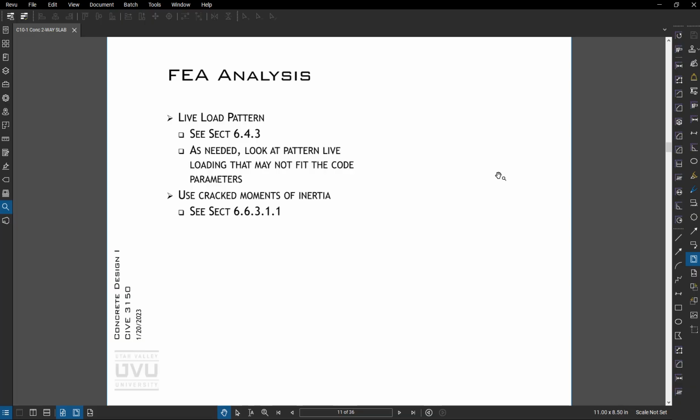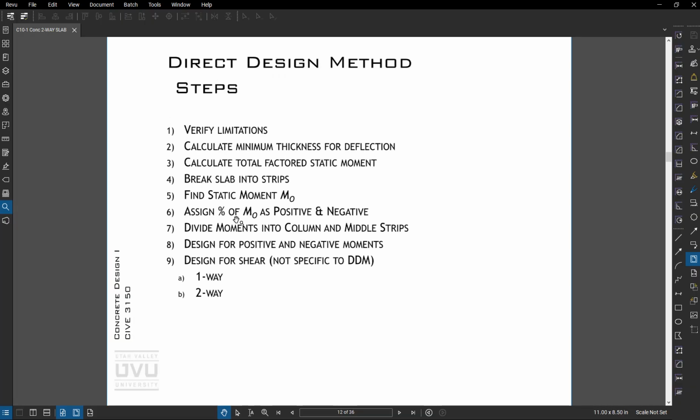Another key thing is to use the cracked moments of inertia from the code, because ultimately that's what will give us a more realistic stiffness in our analysis. So on a flat slab, the moment of inertia factor is 0.2, whereas for a column it's 1. So that's important to use for pretty much everything when we're doing finite element models of concrete.